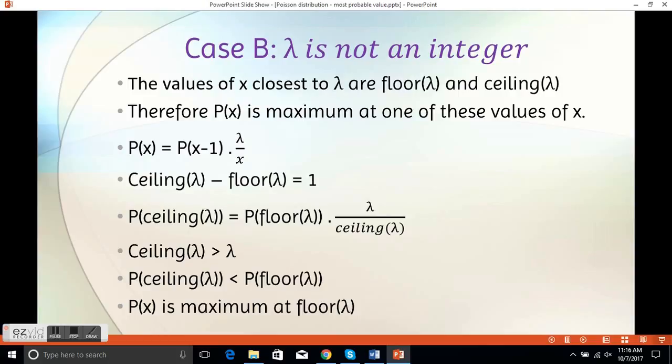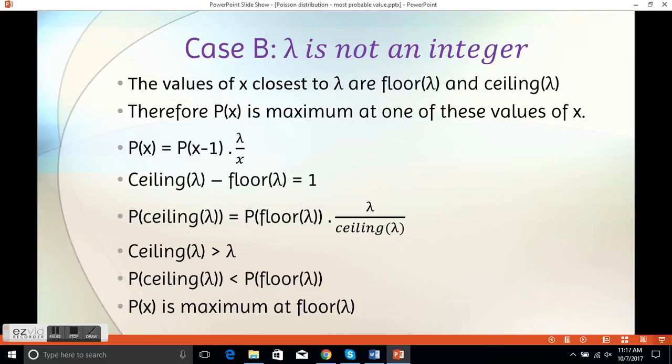They are floor of lambda and ceiling of lambda. Floor of lambda is the highest integer less than lambda. Ceiling of lambda is the smallest integer greater than lambda. To give an example, if 5.3 is the value of lambda, then floor of lambda is 5 and the ceiling of lambda is 6. So we know that P of x will be maximum at one of these values.